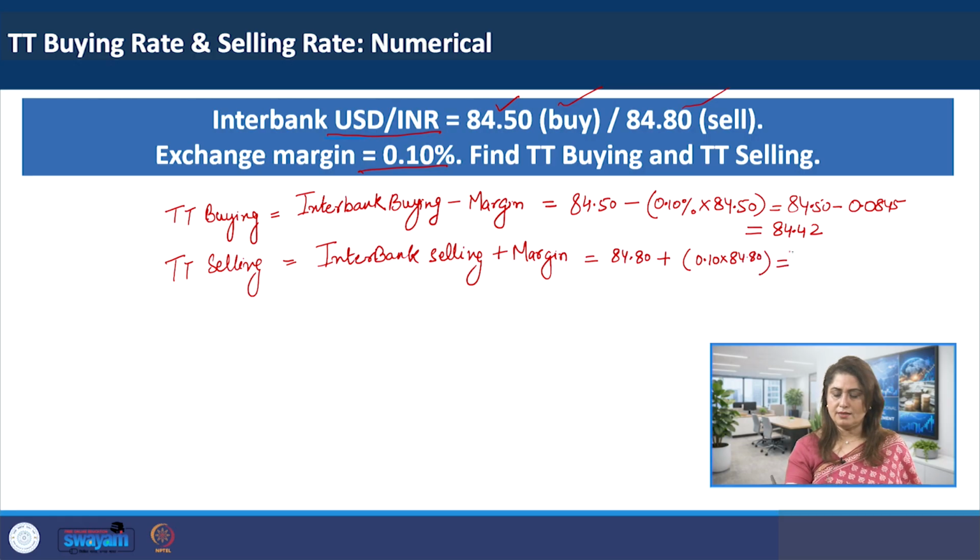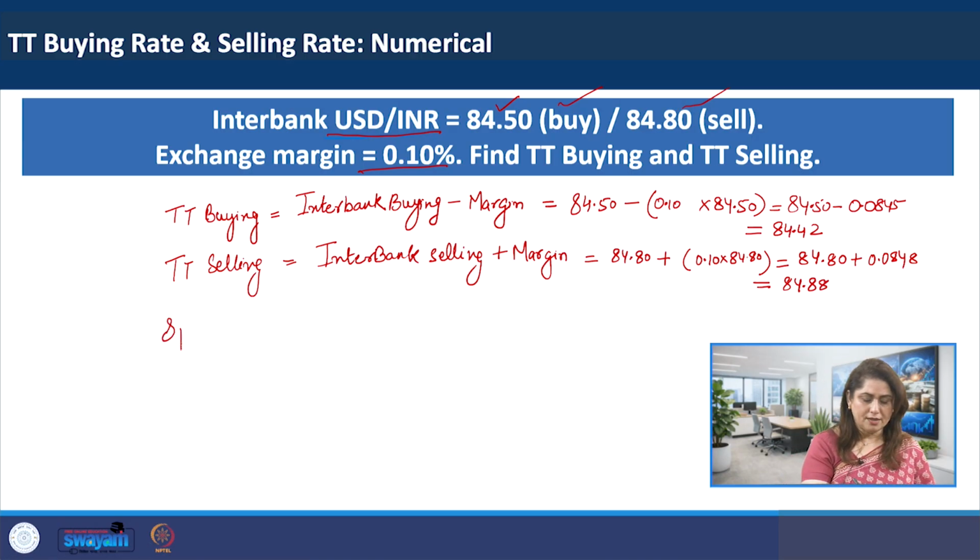Now this gives us 84.80 plus 0.0848, giving us 84.88.